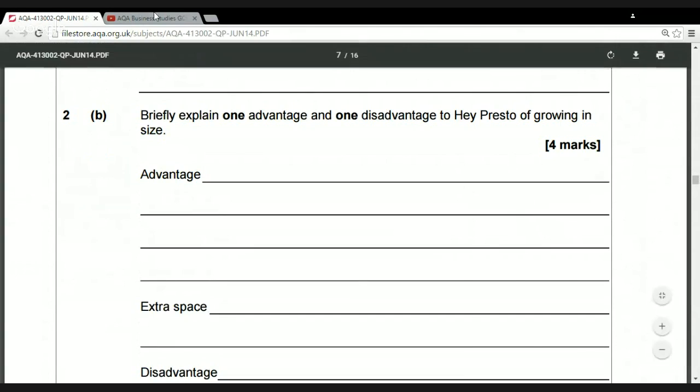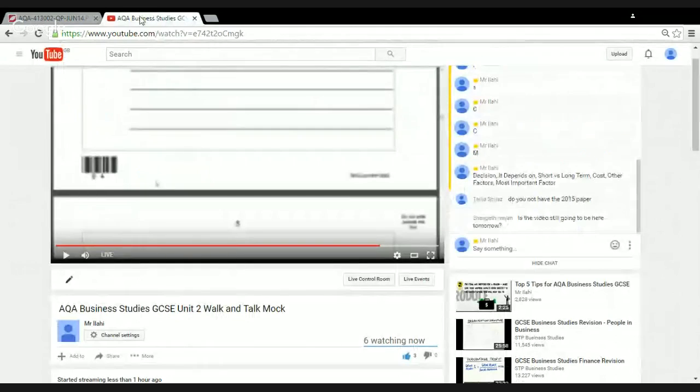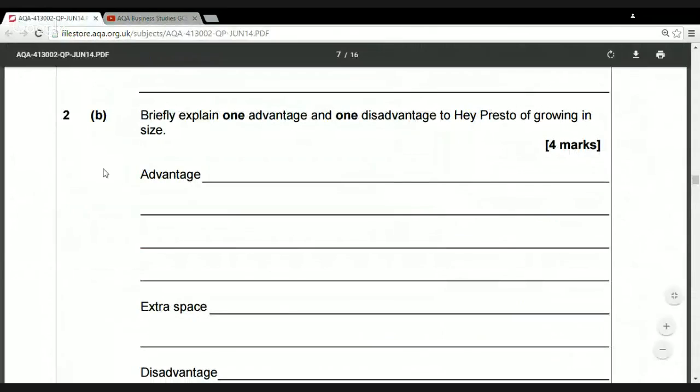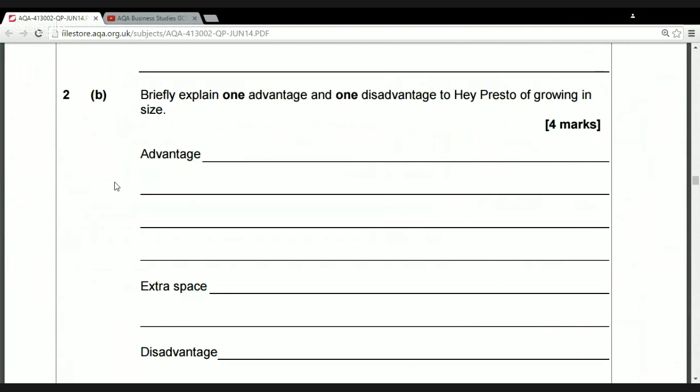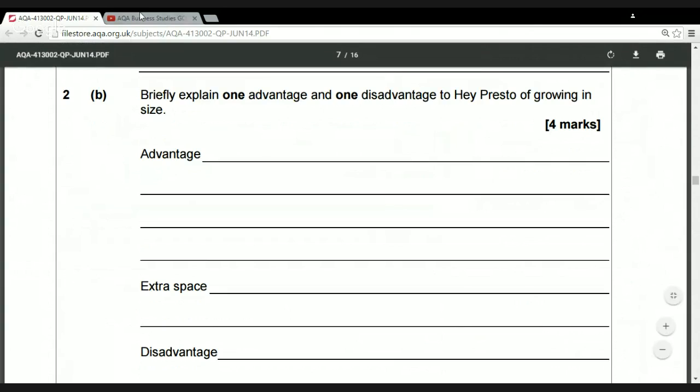One advantage could be to be able to compete with the new competitors by offering a more comprehensive service. More money or profit, or to reduce costs in terms of economies of scale.